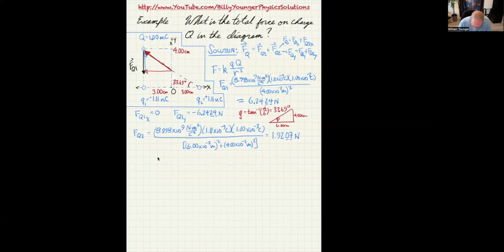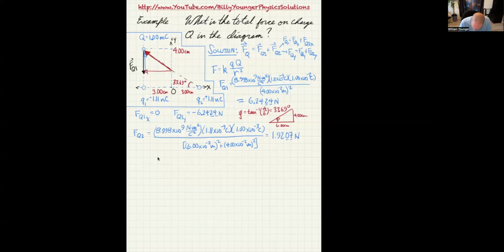I noticed that in order to move from the tail of this vector to the head, if I wanted to go parallel to the axes, then I'd either go up along the y-axis first, which means a positive y component, and then left along the x-axis, which means a negative x component. Or I could do it the other way and say, go left along the x-axis, that's a negative x component, and then up along the y-axis, that's a positive y component. So you see, I get the same signs either way.